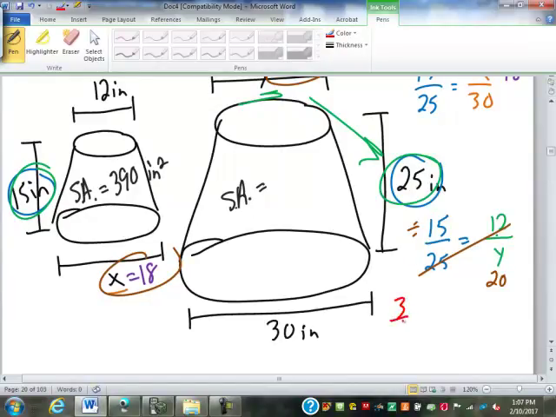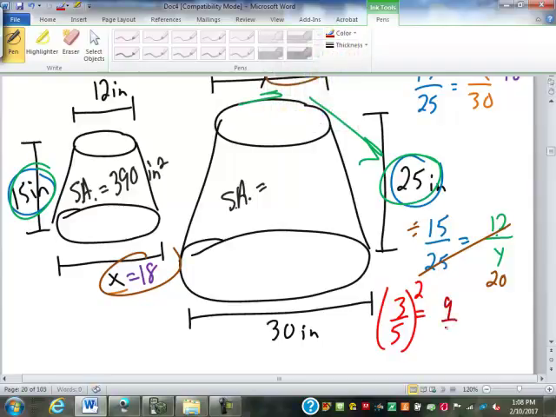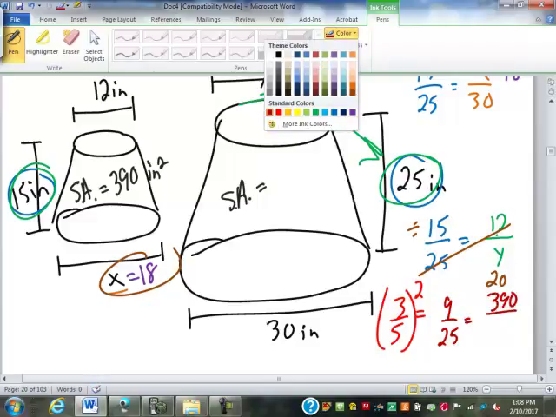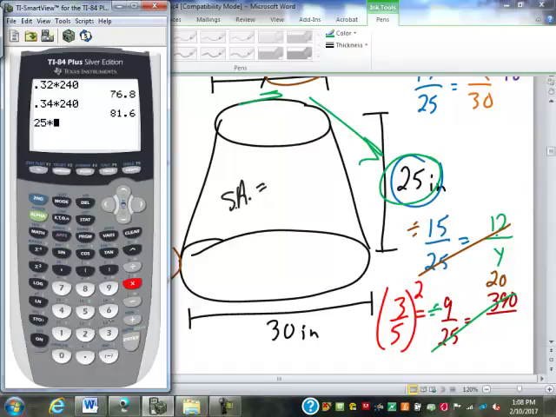I'm going to reduce that to 3 over 5, since both can be divided by 5. I square that to give me a ratio of areas of 9 to 25. So the 390 goes here. If we cross multiply and divide, we get 1,083.33333.